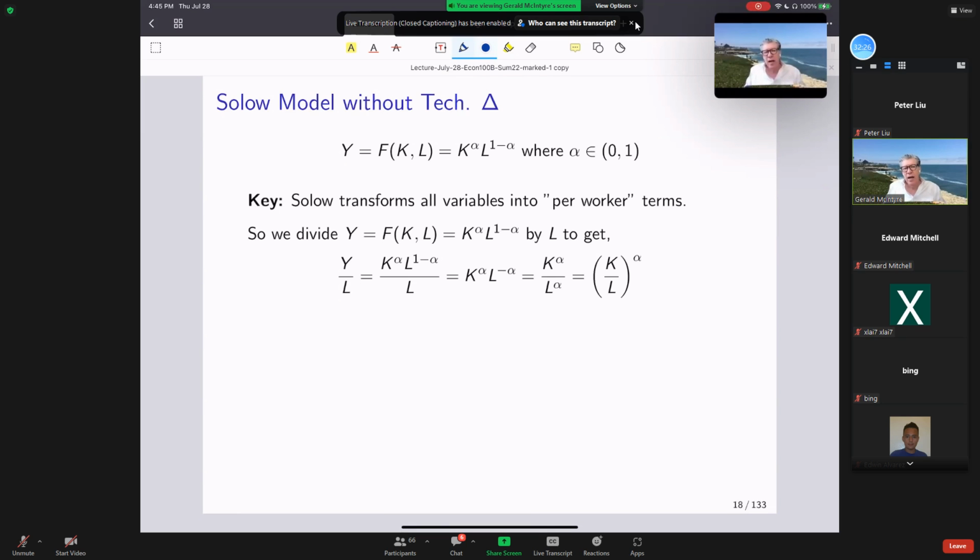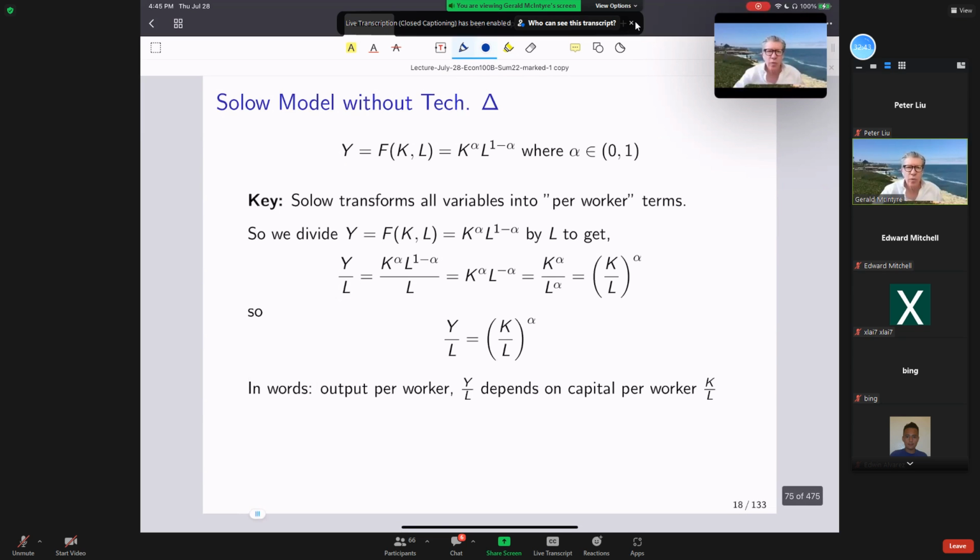Now notice what we have at the beginning. We have Y over L, and now we have K over L to the alpha power. What he does is, again, something you probably would not do: he's going to redefine variables here. First, let's interpret this.